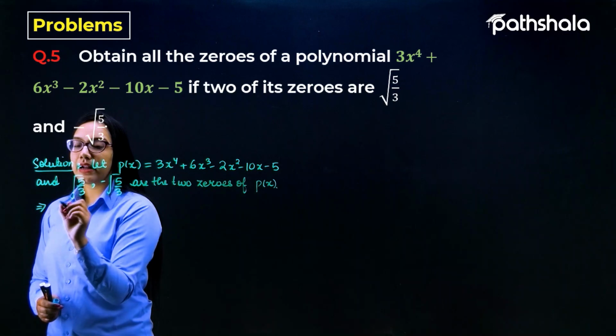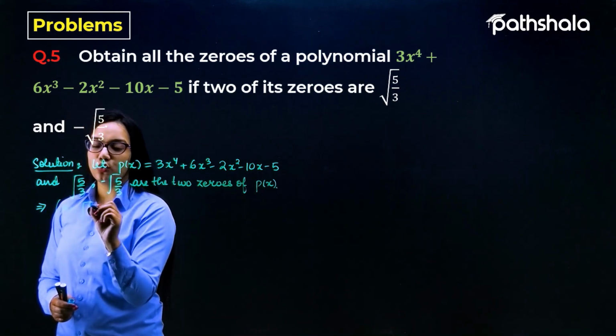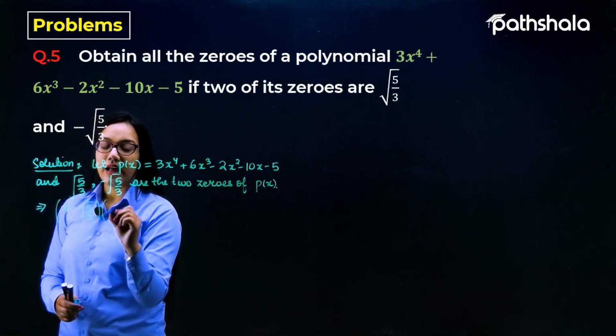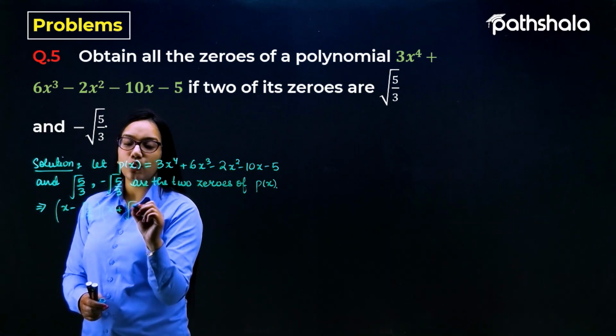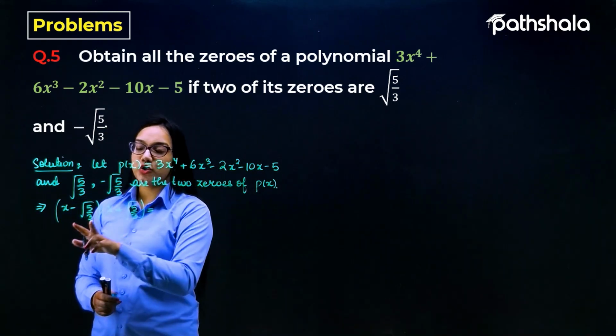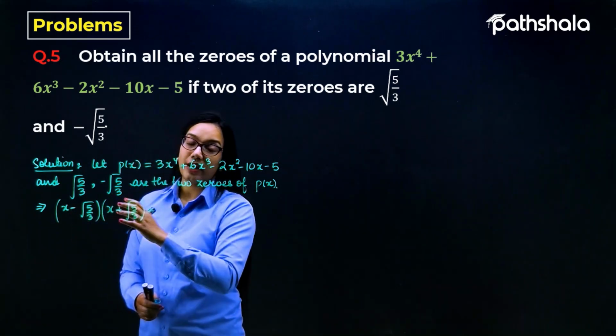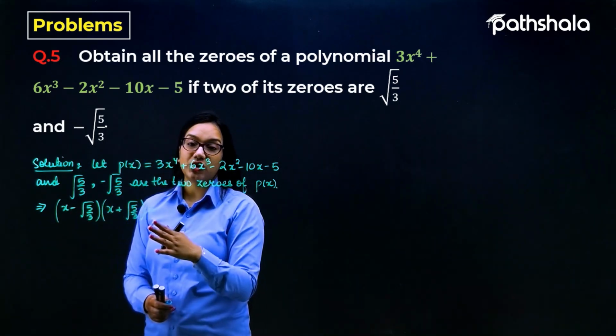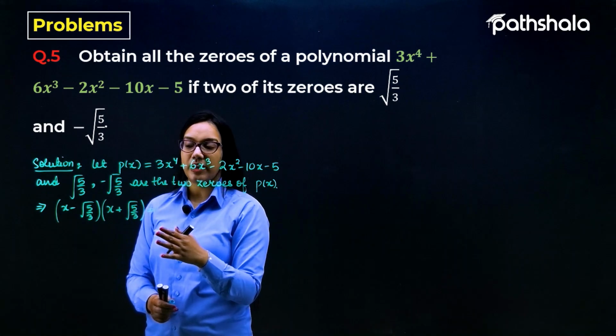It implies that x minus root 5 by 3 and x plus root 5 by 3 is of the form a plus b times a minus b, which is equal to a square minus b square, an algebraic identity.